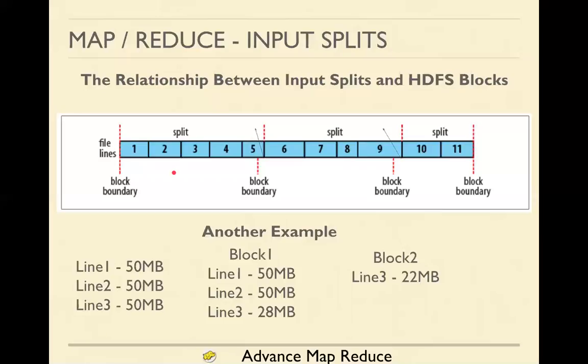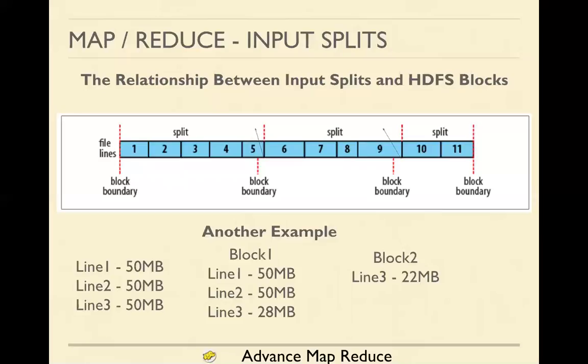In those kinds of cases, the data we want to process is not the same as the data block, because we want to process the whole file, and the whole file would be on multiple data blocks, correct?